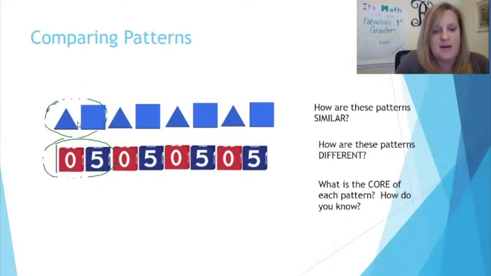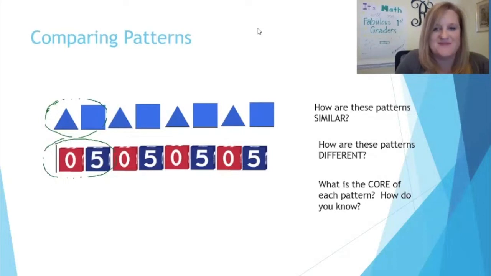This pattern, the top pattern, is made with shapes. They're all the same color. This pattern is made with numbers, and they have different colors. So we identified the core of each pattern. How do you know that that's the core? You're right. The core is what's repeated when you extend the pattern.